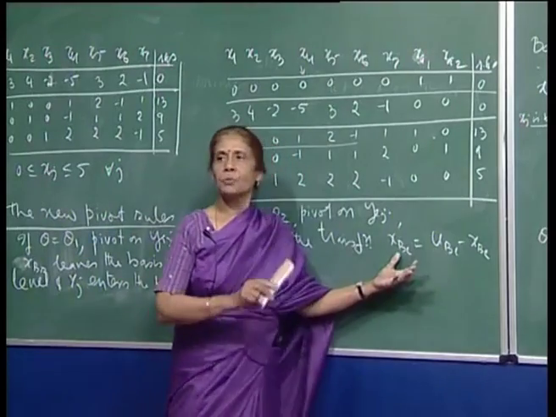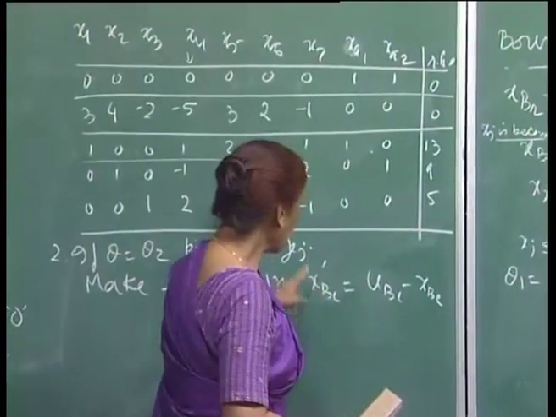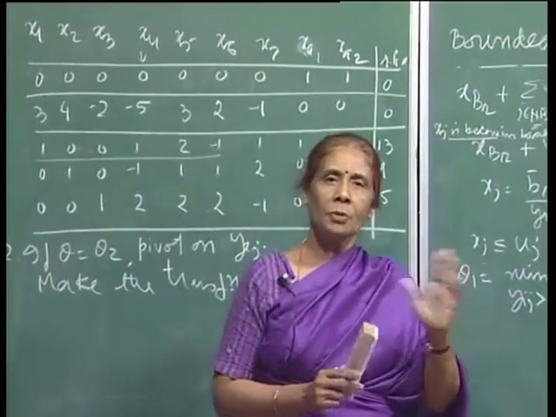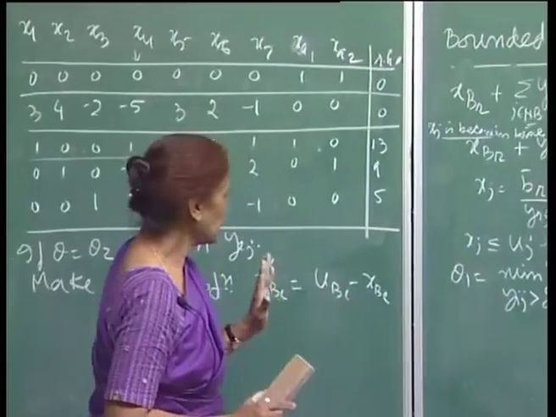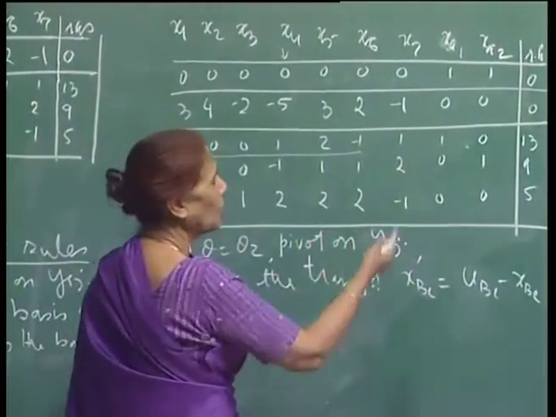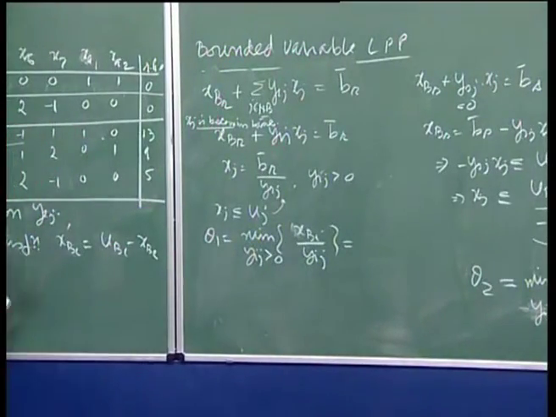In my tableau the variable that I will carry will be x prime BL, which will be at 0 level. So it will not be a basic variable, and my basis will still consist of at most m positive variables from among the regular variables. And what will be the third one?